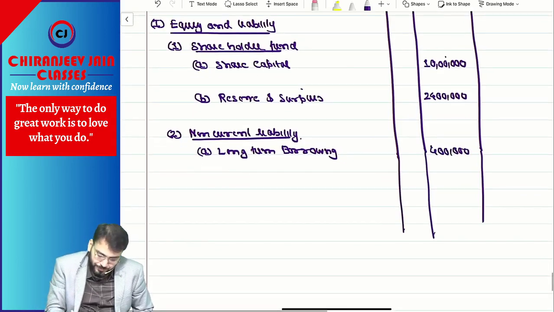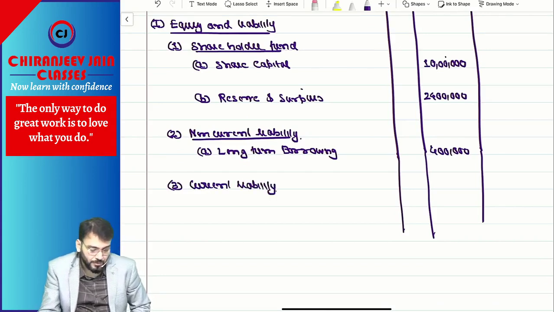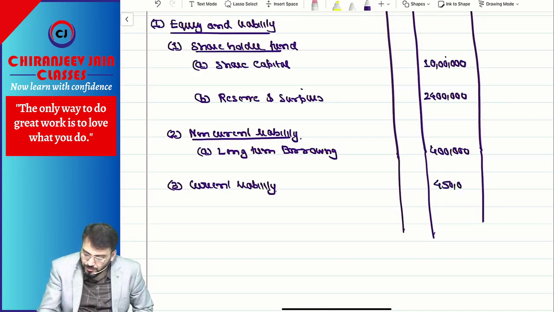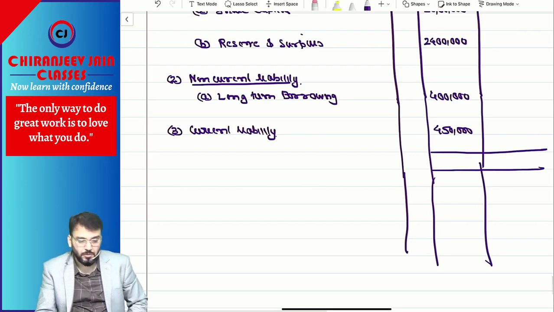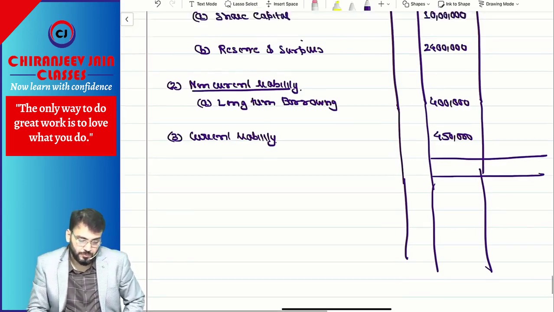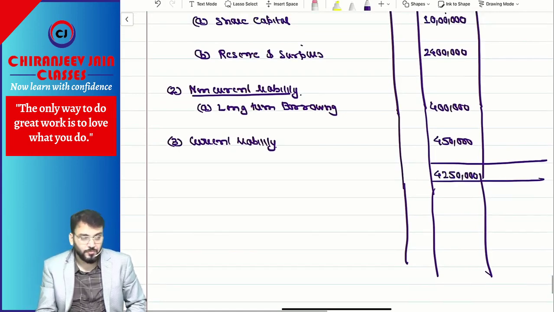Then we have current liabilities. How much? 4,50,000. Can you give me the total? 42 lakh 50,000.